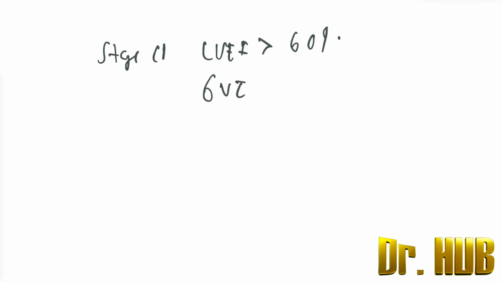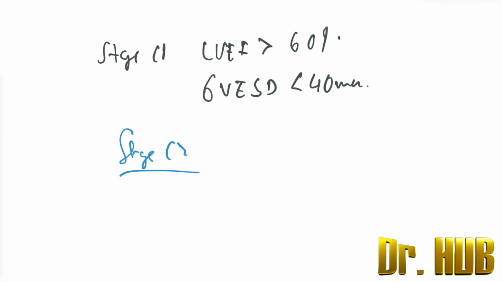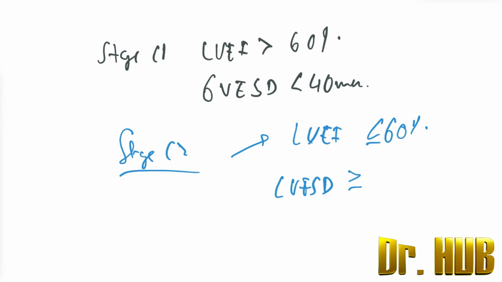Then the stage C1: LVEF is greater than 60%, and LVESD is less than 40 mm. Next we move on to stage C2: LVEF is less than or equal to 60%, and LVESD is greater than or equal to 40 mm.